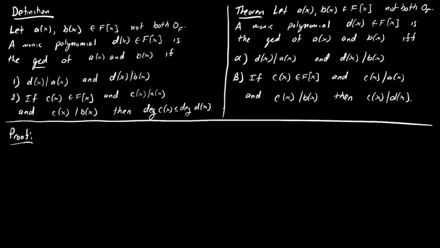We're going to say a monic polynomial D in F[x] is the GCD of A and B if and only if condition alpha, that D divides A and D divides B, is satisfied, and condition beta, if C is a polynomial such that C divides A and C divides B, then C divides D. So in some sense, I could take this less than or equal to condition and replace it by a divisibility condition. Okay, so let's prove this theorem.